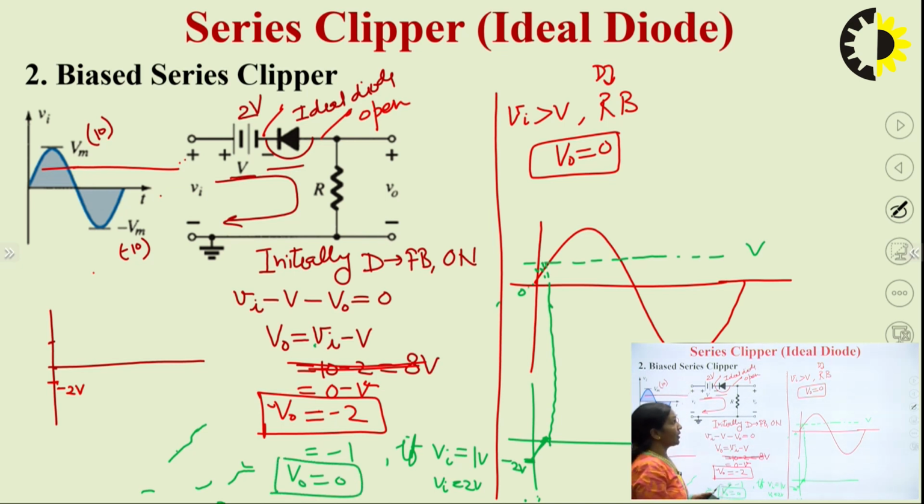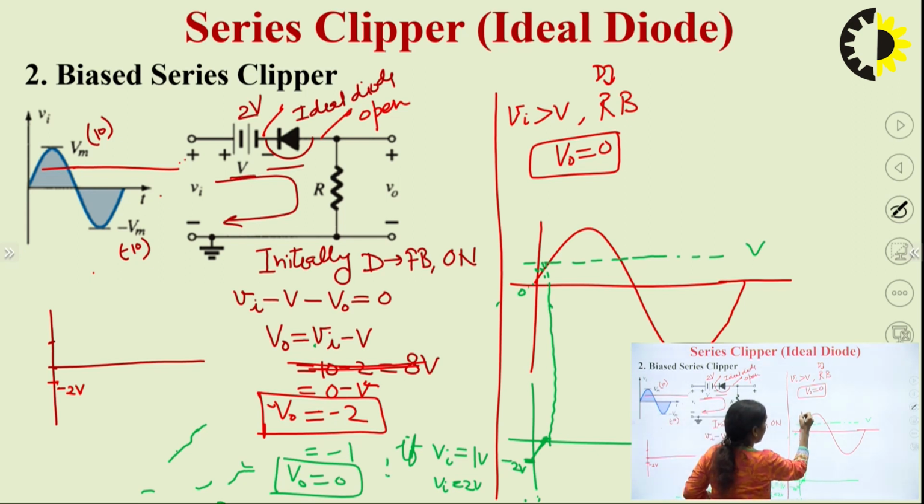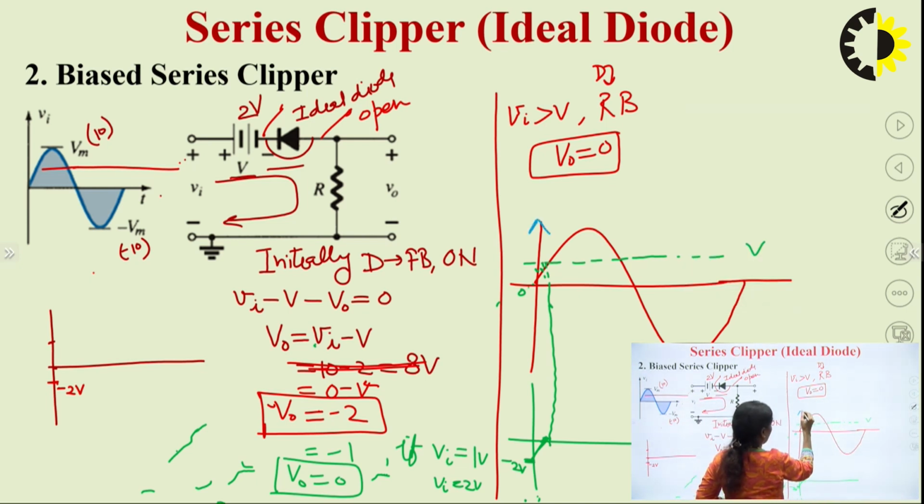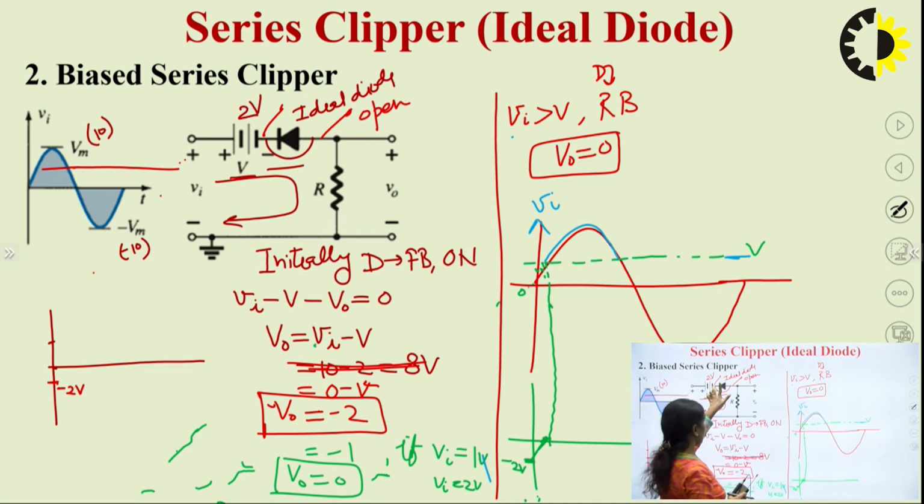Now, as soon as this Vi exceeds this value, that means if Vi is greater than this V volt, then diode is in a reverse bias state, it will be open.